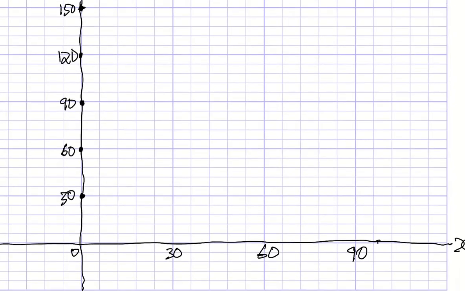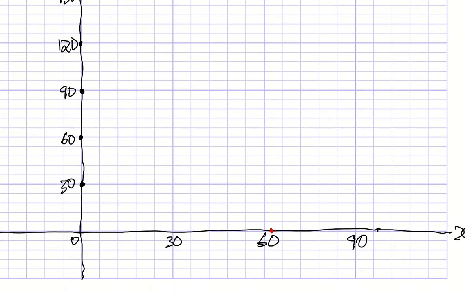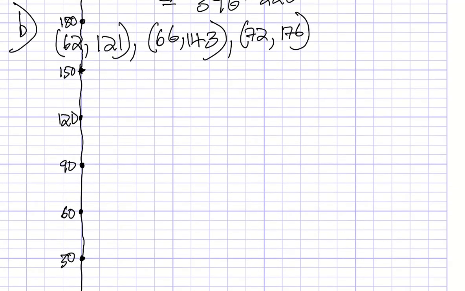So how do we get that? 62 is somewhere here. We got a red mark. 62 probably starts here, and then 62 lands in 121. Where is 121?